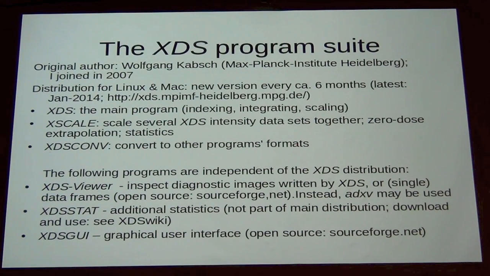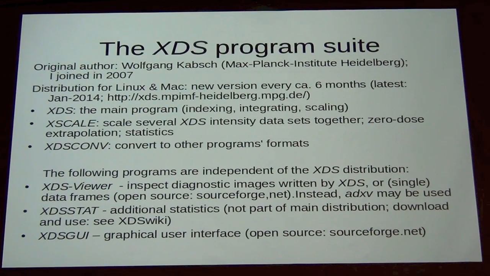XDSCONV is a program that serves both other program systems, and it also does something similar to CTRUNCATE or TRUNCATE, so it calculates amplitudes from the intensities, and it does this in a slightly different way than TRUNCATE does it, so the results are a little bit different also.